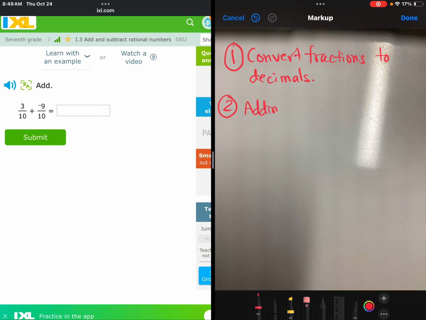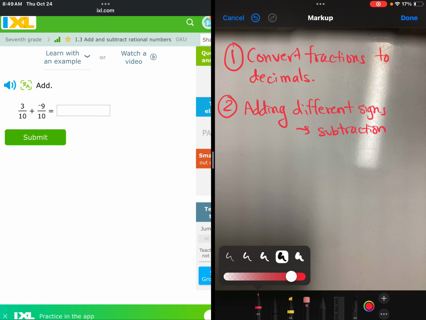Number two, you need to know that adding different signs results in subtraction. Okay, it's a little bit of a shortcut from what we learned in the past, right? So for example, if we had something like this, I'm going to show you real quick.